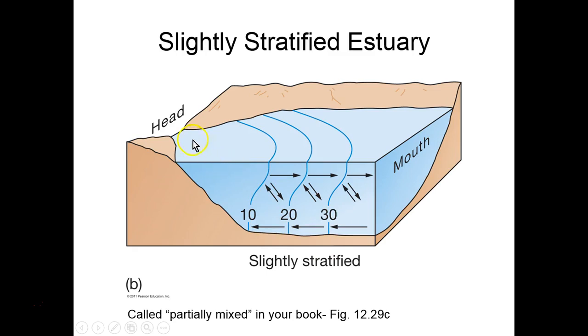Because generally speaking, if it's deep enough, the fresh water is going to come out and it's going to end up floating on top of the salt water that ends up coming in at the bottom. Therefore, the salt water is going to be saltier on the bottom than it is on the top, but only slightly because it's not really deep enough to see it to the full extent.